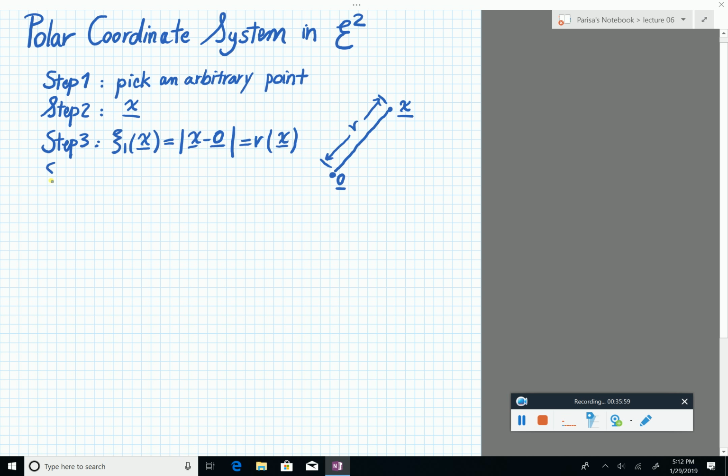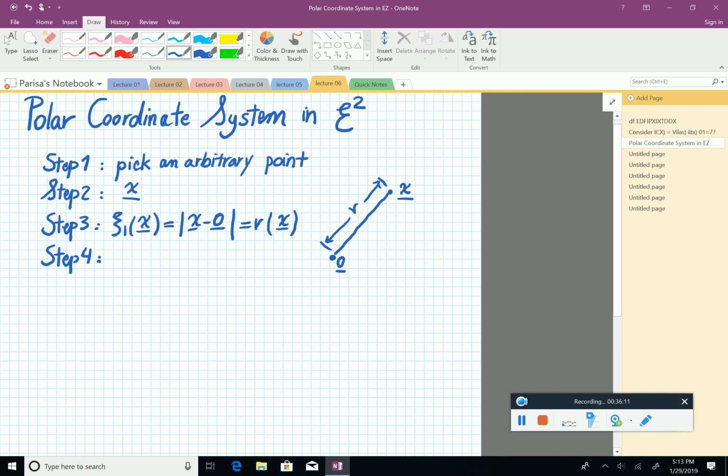We are not done. We are in two-dimensional space, so how many coordinates do we need? We need 2. So for the second, I need to draw a circle centered at O. But this circle is not an ordinary circle.